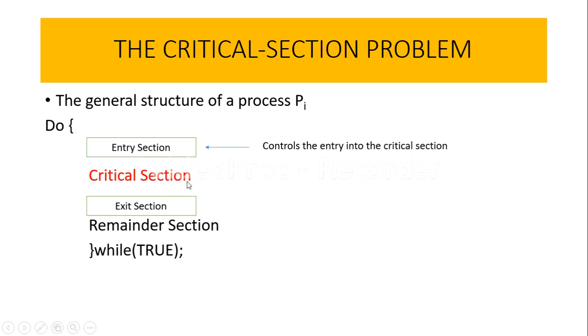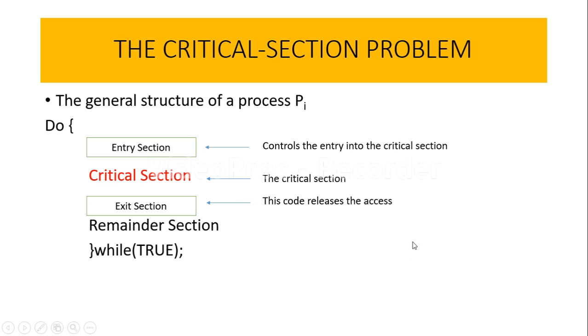Then comes the actual section called the critical section. In this section, we perform the actual operation. As I have told you, it holds a set of code which performs certain critical operations. Then we have the exit section.